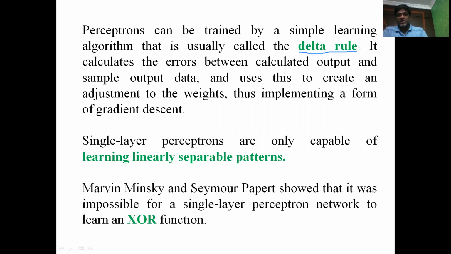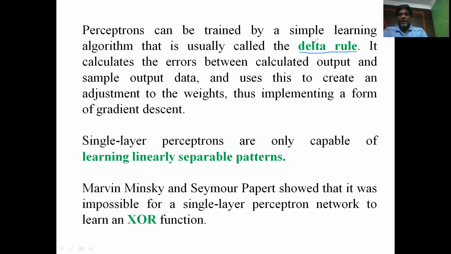Then based on this error term, we will update the weights, make adjustments to the weights, and calculate again, and so on until the error is minimized. We already saw this delta rule in the second unit, and we practiced some problems also.